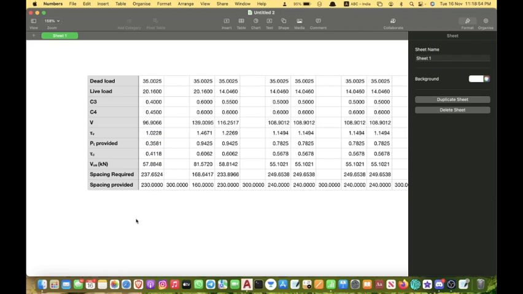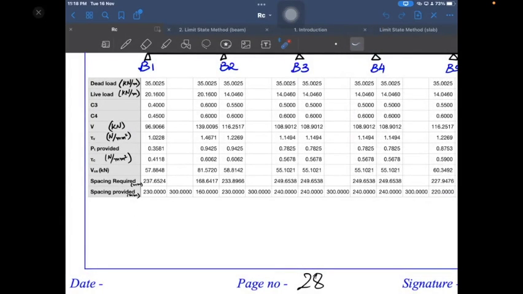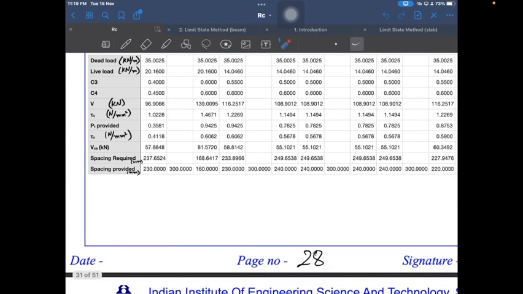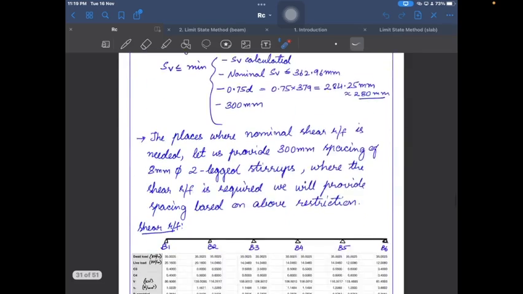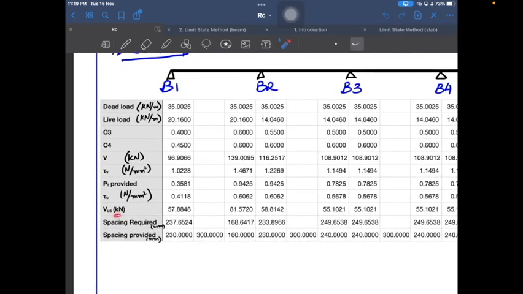Coming back here, we get VUS, and based on VUS we have this formula. We have to give VUS in newtons, not kilonewtons.